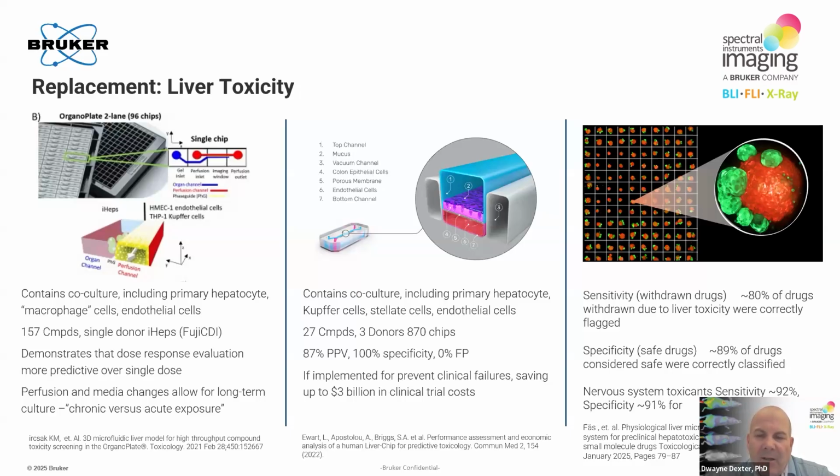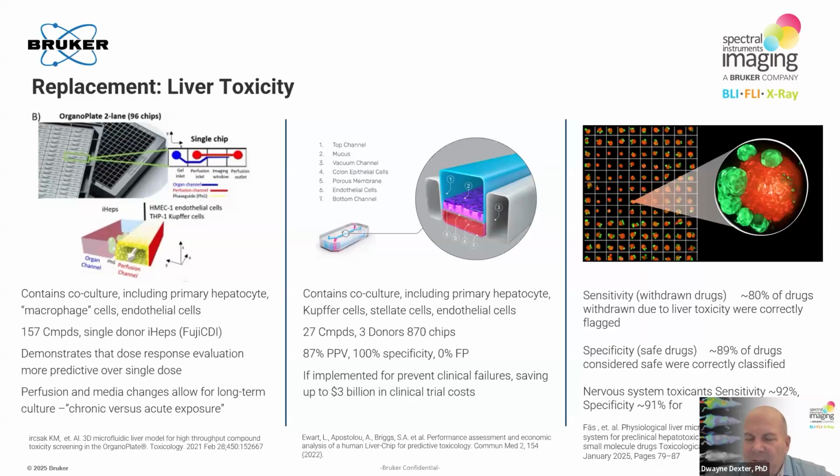On the far right is a recent paper from Inspiro and the National Center for Toxicology, and they used a spheroid-like approach here, again in 96 or 384 well plates, so high throughput screening. It had a very high positive predictive value.